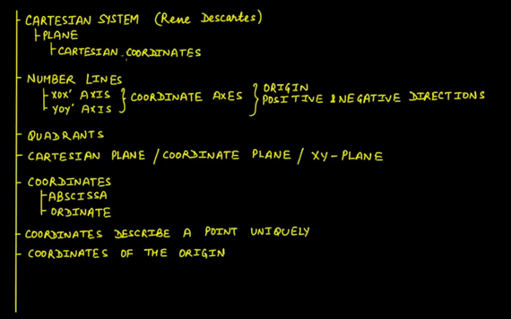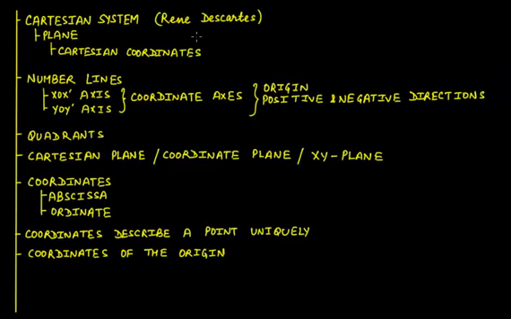Now, we have discussed the plane. Cartesian coordinates: what René Descartes told us is that you can tell the position of a point in a plane. Imagine that this is your point and you can tell its position, and we call it Cartesian coordinates.